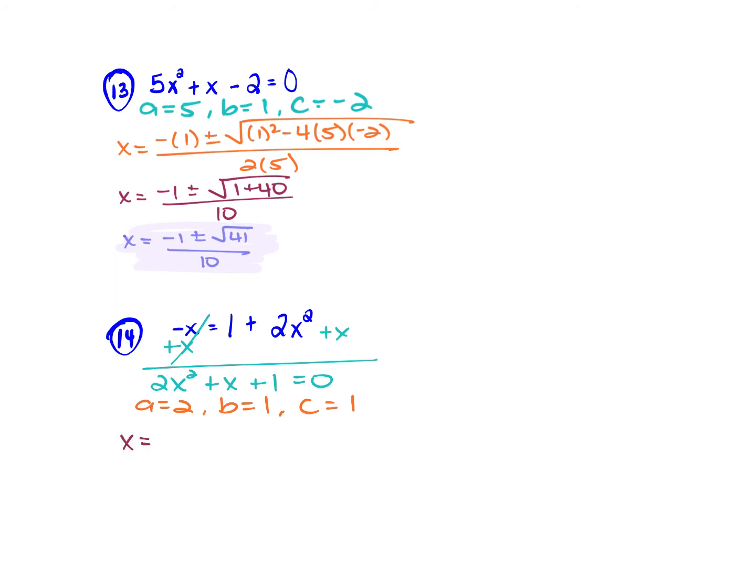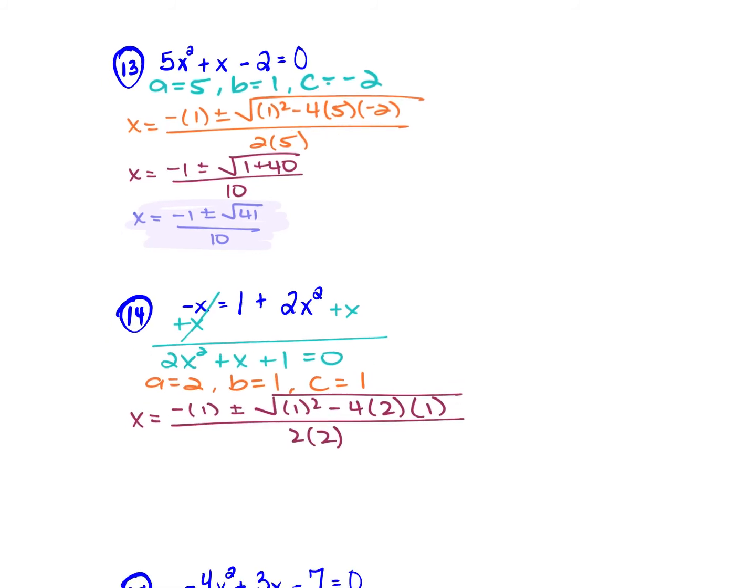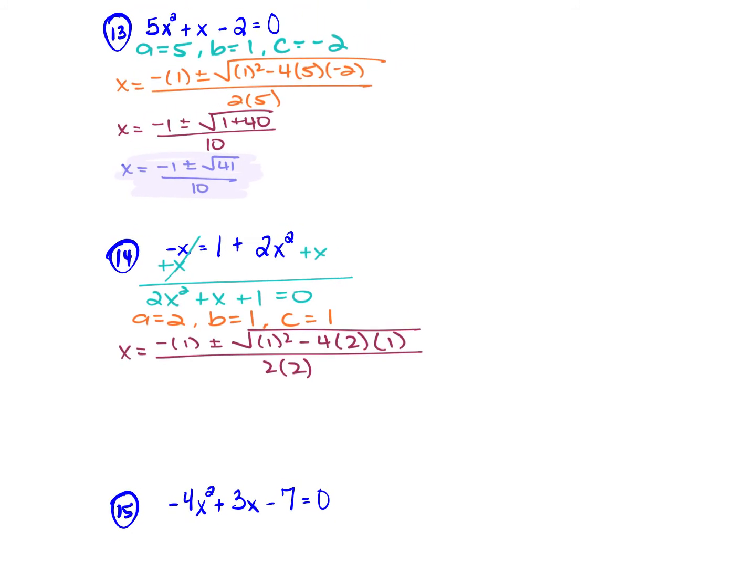So x is equal to the opposite of b, so that's the opposite of 1, plus or minus the square root of b squared, so 1 squared minus 4 times a, which is 2, times c, which is 1, all over 2 times a, so 2 times 2. The opposite of 1 is negative 1, plus or minus the square root of 1 squared is 1, negative 4 times 2 is negative 8, times 1 is negative 8.